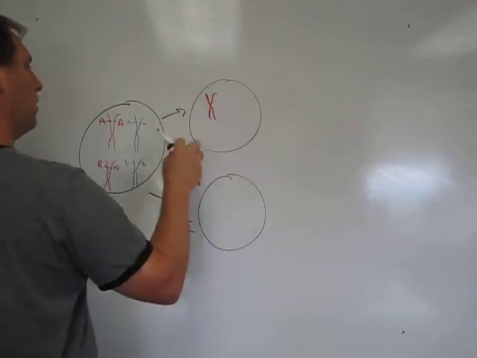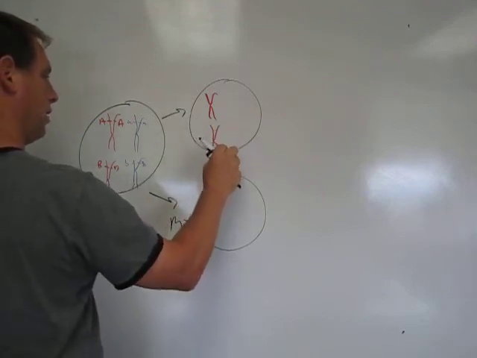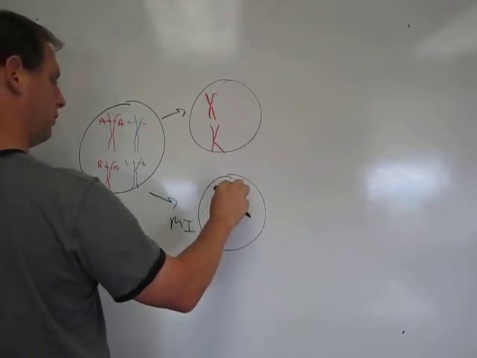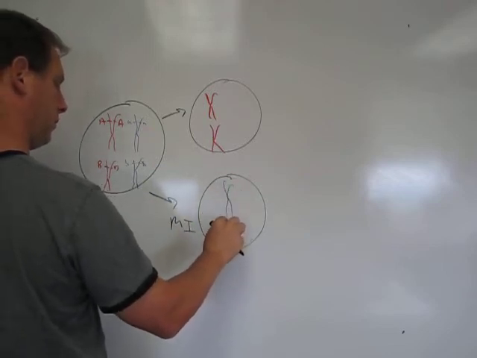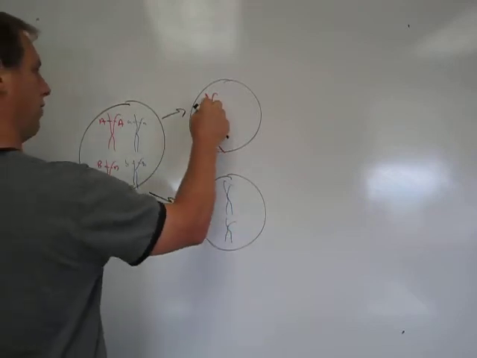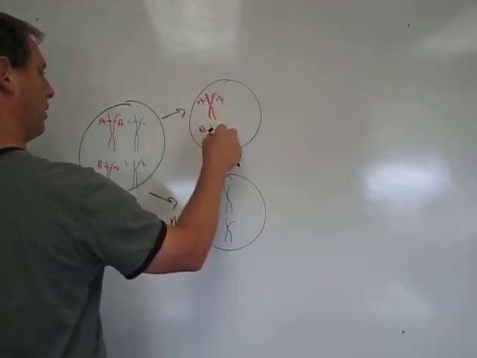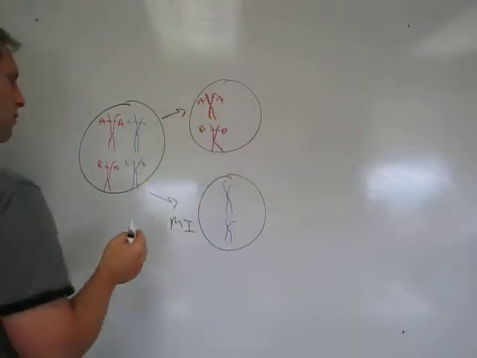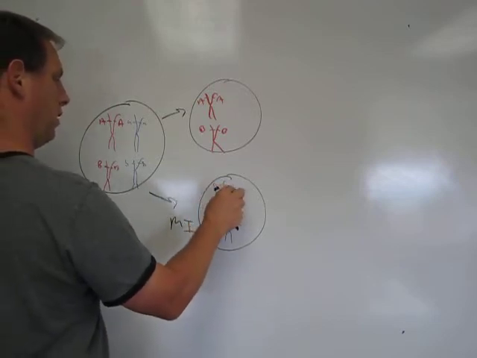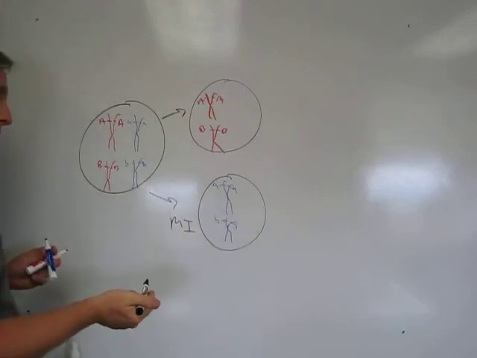Chromosomes from mom to one side, and chromosomes from dad to another side. You have big A on this chromosome, big B on that pair of chromatids, and then conversely little a, little b.